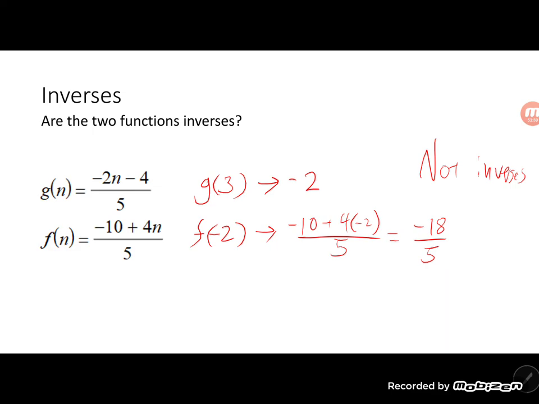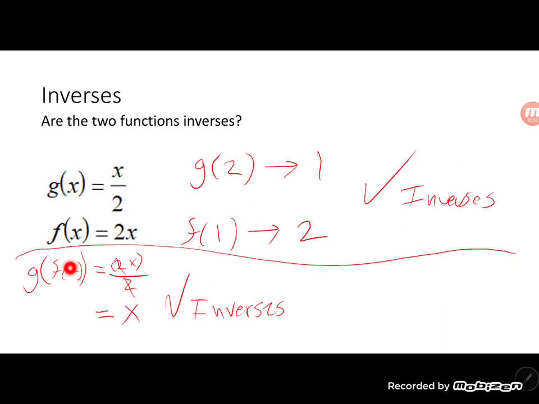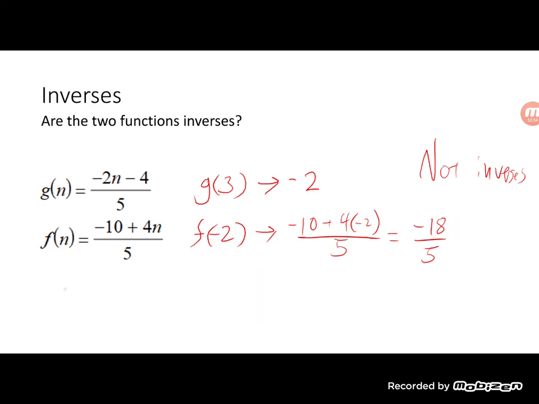You could go ahead and prove it the way we did before, by plugging a function into a function. So g of f of n would be equal to, you plug in everything up there, negative 10 plus 4n divided by 5, minus 4 divided by 5. Notice that looks more complicated.